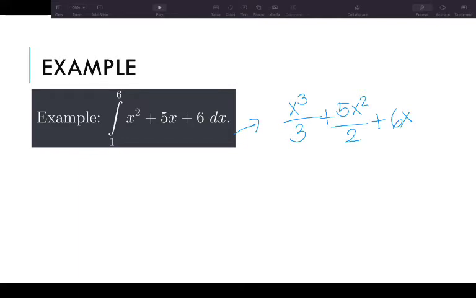However, in solving definite integrals, for it to be easier, you should not put the plus c, since when we subtract the integral from the upper bound to the lower bound, the c will cancel out. So it makes more sense to not put the arbitrary constant, since it is basically useless in definite integration.